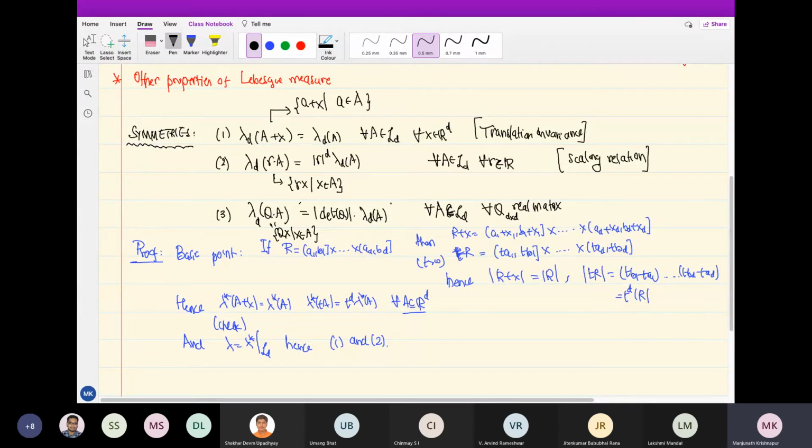But otherwise, in particular, I should write here: lambda d of QA is equal to lambda d of A if Q is an orthogonal matrix.